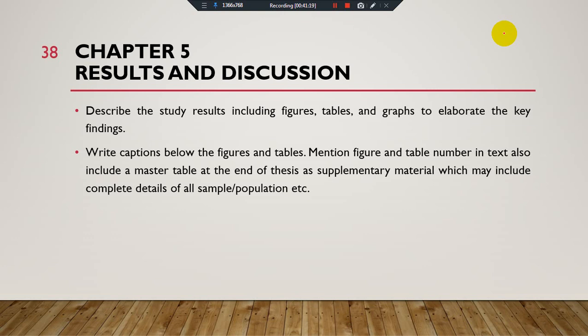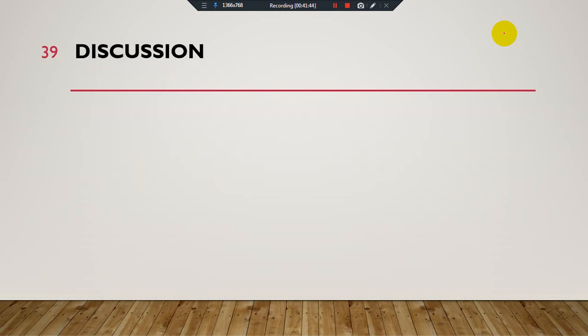It is not a compulsion to include a master table, but if the supervisor likes, then you can add a master table at the end of this chapter, not at the end of the thesis, and provide supplementary material which includes complete detail of the sample or population which you have used for the analysis.